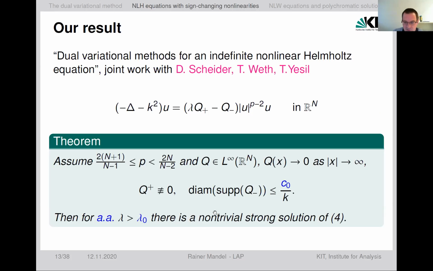Yeah, I have to explain a few things. C0, I already mentioned what this is, but why almost all, and what is this lambda 0 here? This I want to explain in the following.